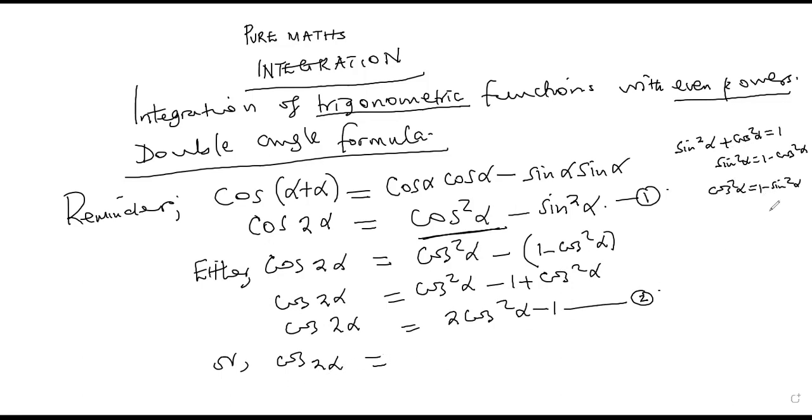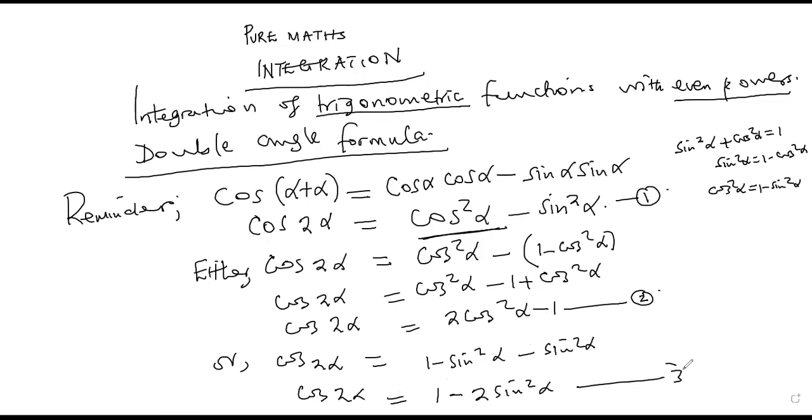Now, you have 1 minus sine squared alpha minus another sine squared alpha, implying that cos 2 alpha is equal to 1 minus 2 sine squared alpha. This is my equation 3.